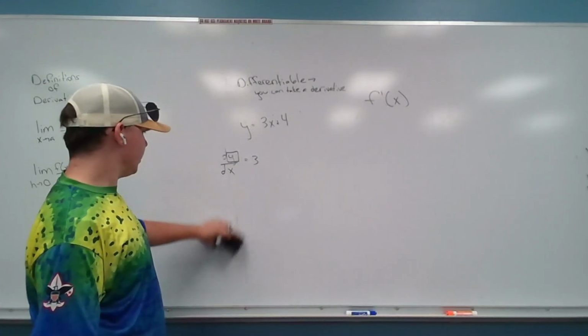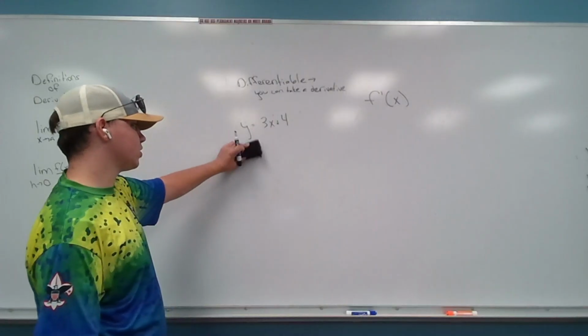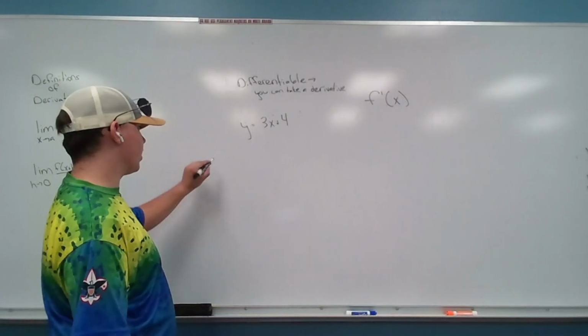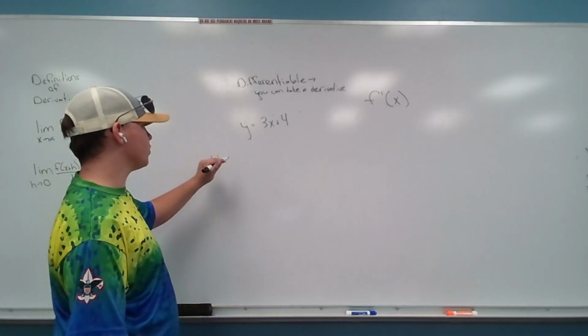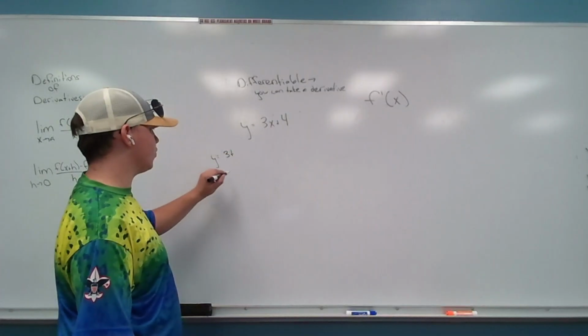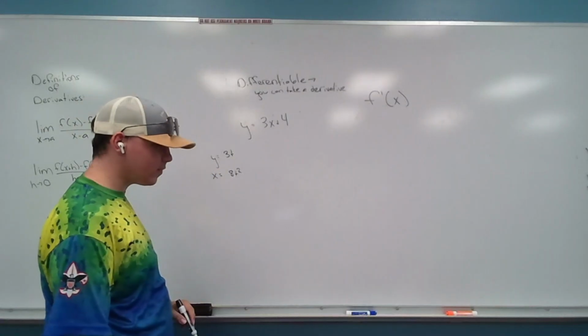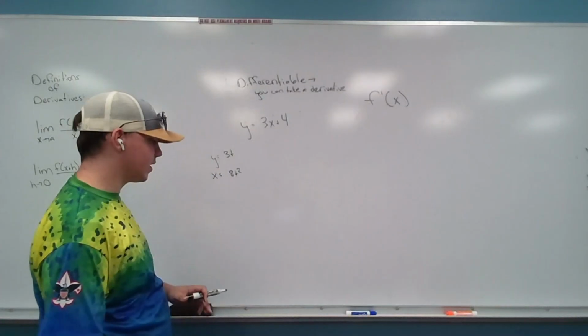Another way to spin this is say that you have a parametric, sorry, an implicit function, or a parametric, where you have like y equals 3t, and then x equals 8t squared. This is something different.